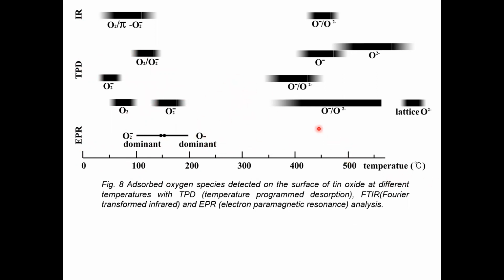And then if you go to higher and higher temperature, you can get oxygen absorbed with 2 electron extraction. Okay, or even at very high temperature, you may see involvement of lattice oxygen in the absorption process.